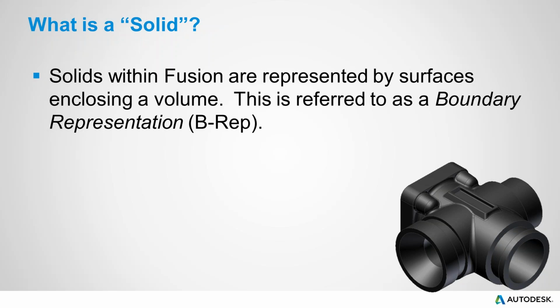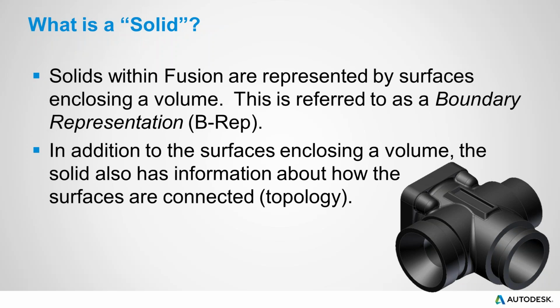But the solid really is just this patch of surfaces. In addition to a bunch of surfaces that touch, there is additional information that defines how they're connected, and that's referred to as the topology. So with this BREP, we have the topology and the geometry. The geometry describes the shape, and the topology describes how everything is connected.